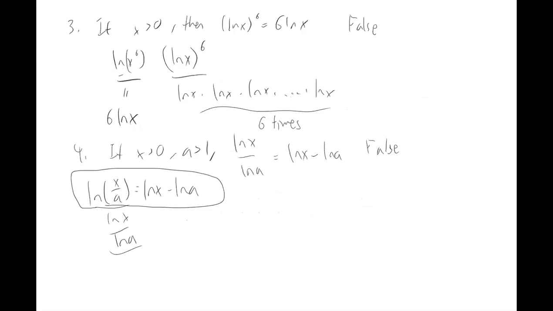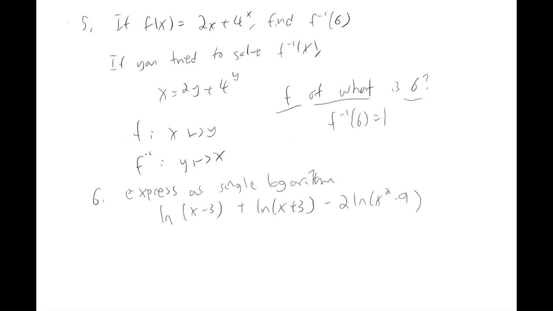So I'm going backwards. Right here, I started with ln of x over a, and I get ln of x minus ln of a. So now you get to work backwards. Subtracting is ln of dividing. Agree? So what's adding? I'm not going to skip steps, so this might seem slow.